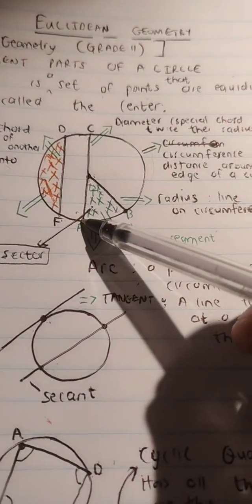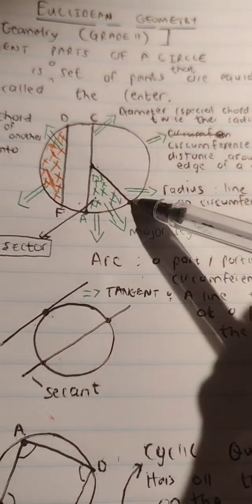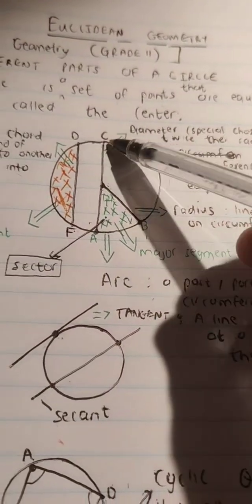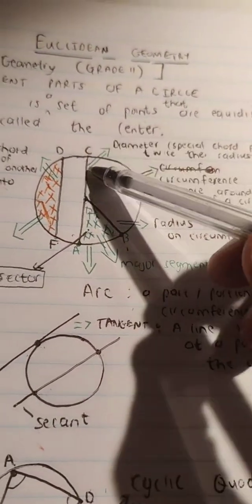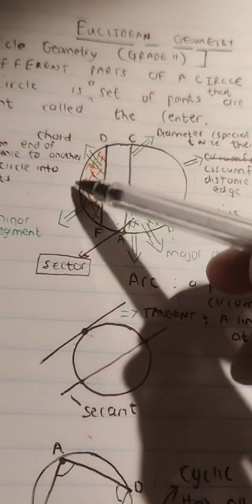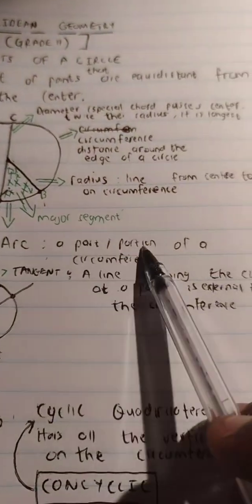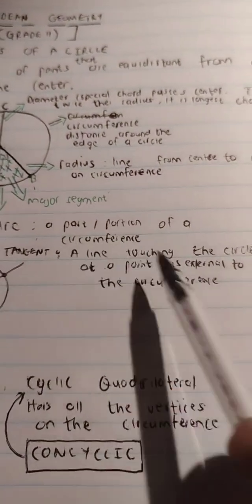From A to B, for instance, we could call this arc AB. From B to C, arc BC. From C to D, arc CD. From D to F, arc DF.